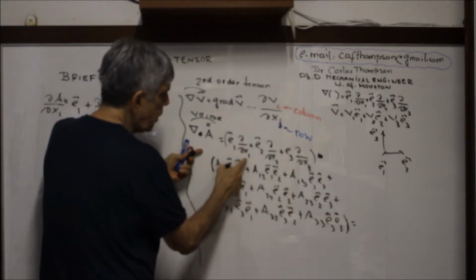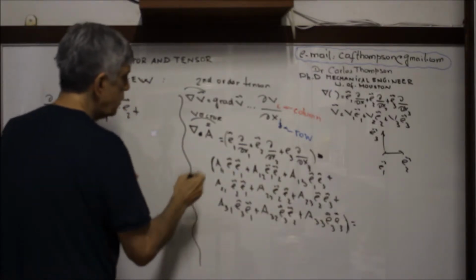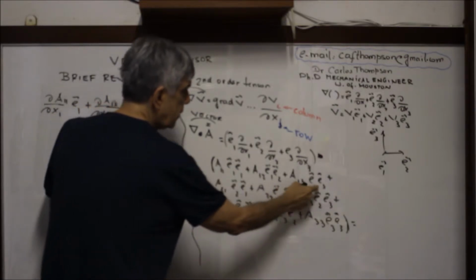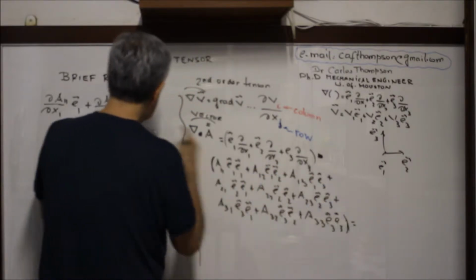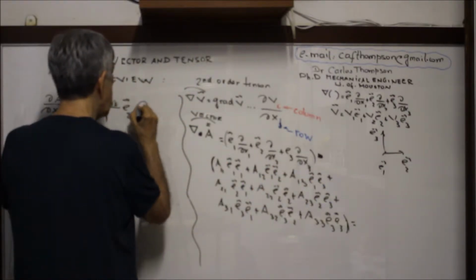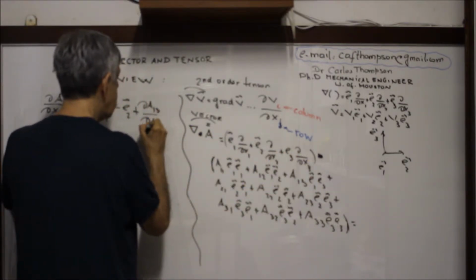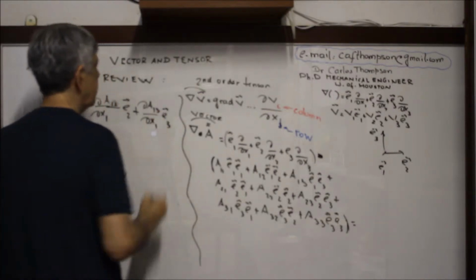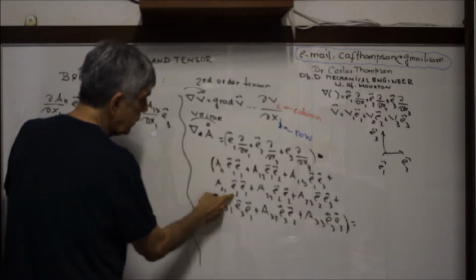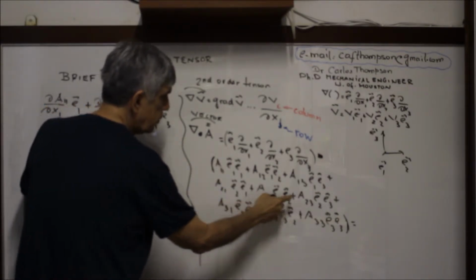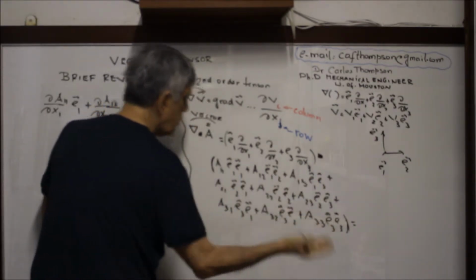So partial with respect to x1 of A12, E2 here. Plus, now the last one, E1 dot E1 will be 1, so E3 is left, so the third one here will be partial of A13 with respect to x1, E3. See? Now, I'll repeat: E1 dot E2 will be 0, so this will be 0. E1 dot E3, you see E3 comes first, so it will be 0.